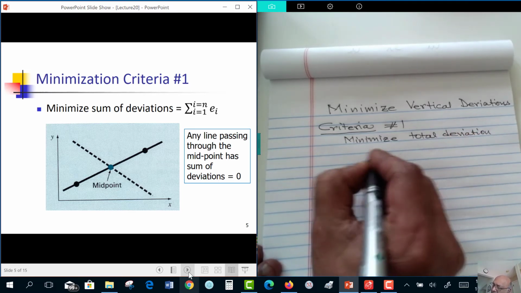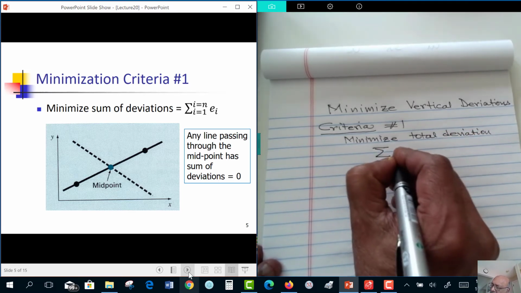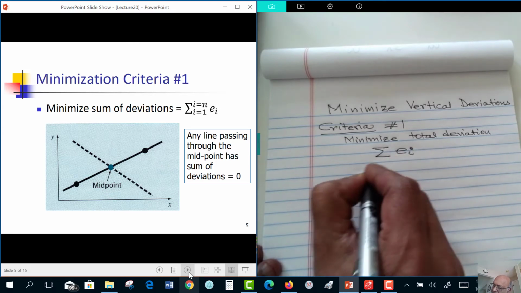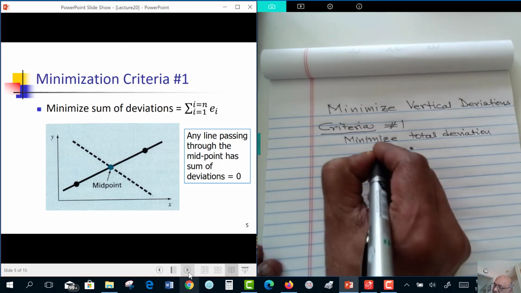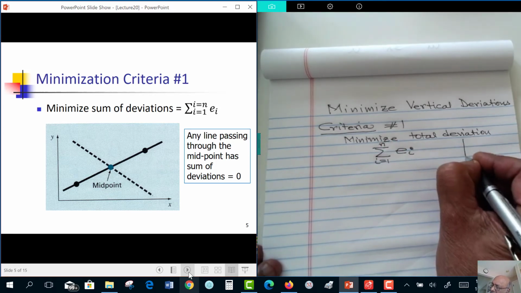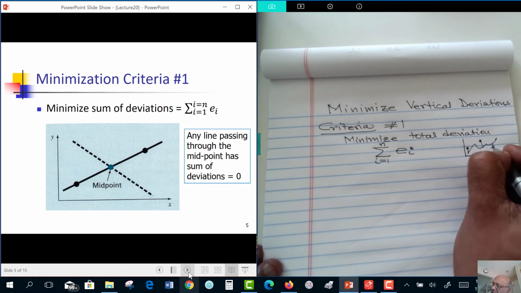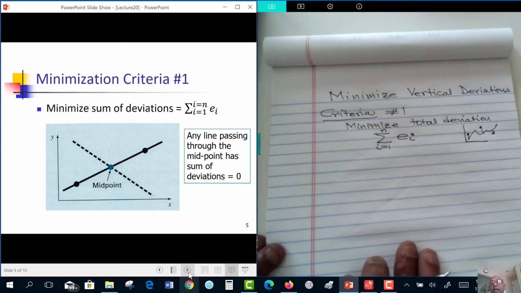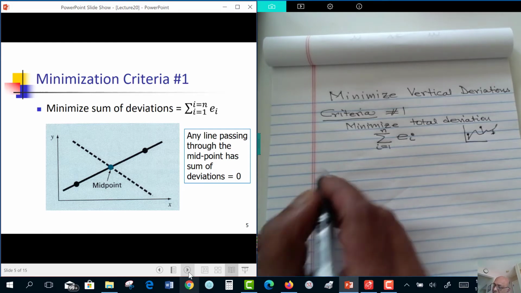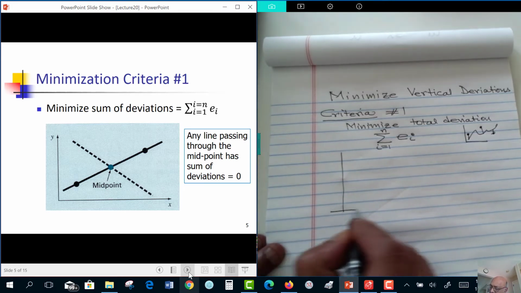So what is total deviation? Sum of e_i from 1 to n, right? So if we have a curve, we have these points, we take these vertical distances along with their sign and add them up.